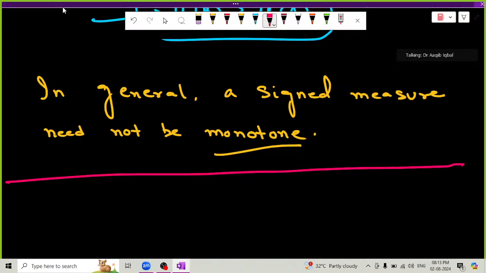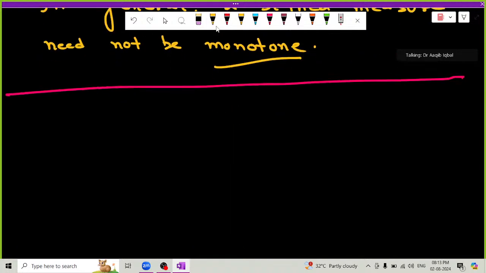ये मैं थोड़ा प्रॉपरली लिख रहा हूँ. In fact, जो है ना, we'll actually record this as a theorem. It's a nice fact about these signed measures.